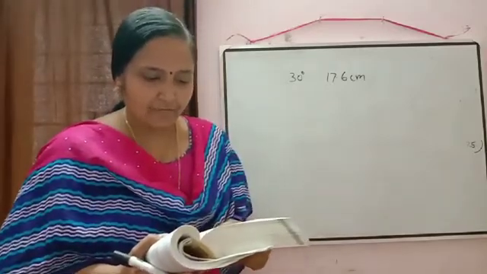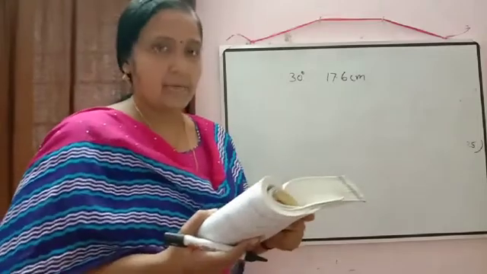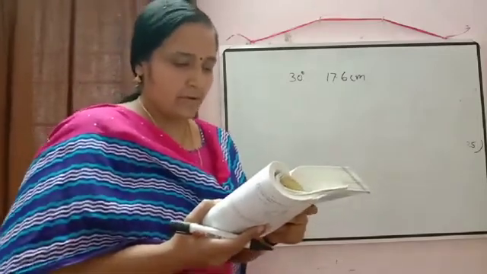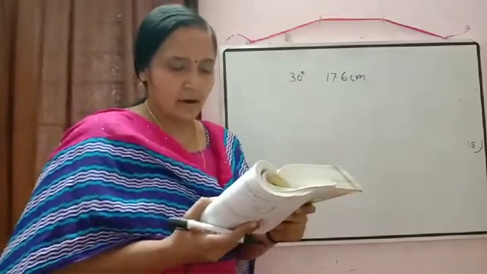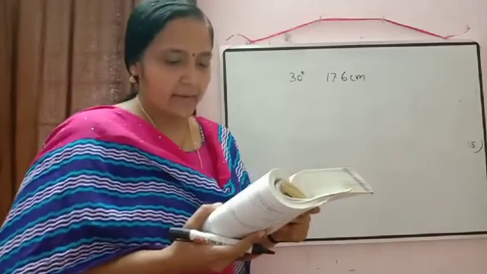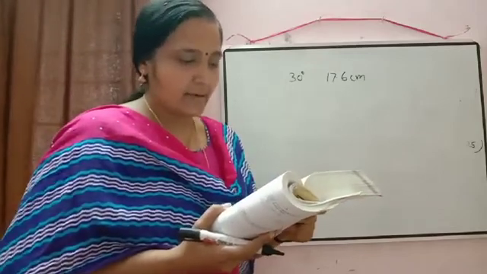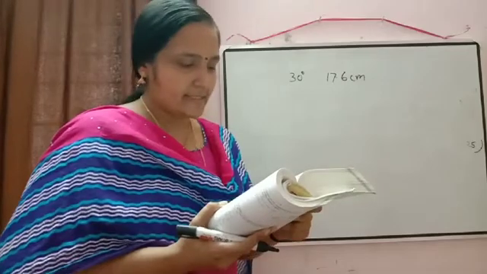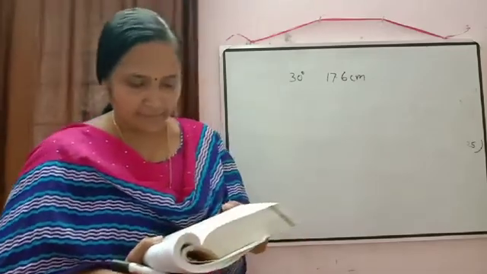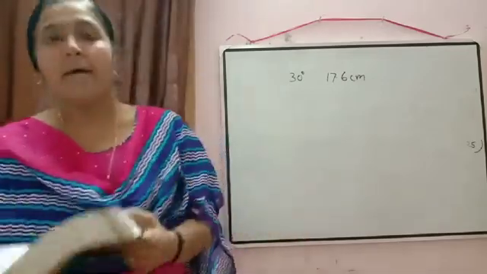Find the length of the pendulum. So again I am repeating the question. A pendulum swings through an angle of 30 degree and describes an arc 17.6 centimeter in length. Find the length of the pendulum.